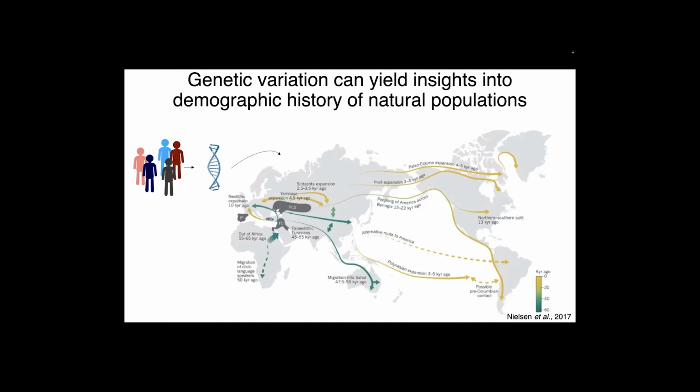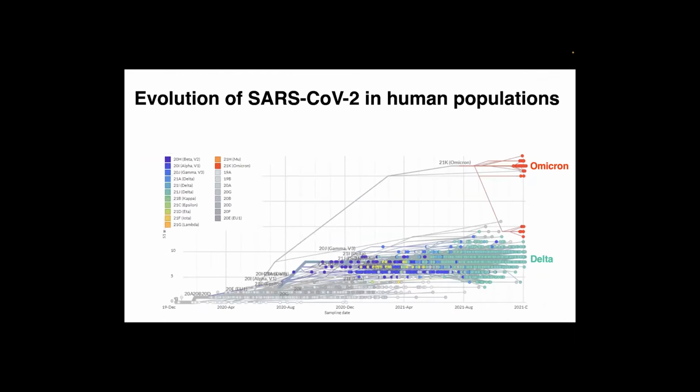More importantly, population genetics can also help us understand the evolution of pathogenic species within hosts. So it's relevant, of course, to the evolution of SARS-CoV-2 in human populations. By modeling the changes in allele frequency of the different mutations that occur in pathogenic species, we can arrive at predictions for, for instance, resistant mutations in these types of populations.